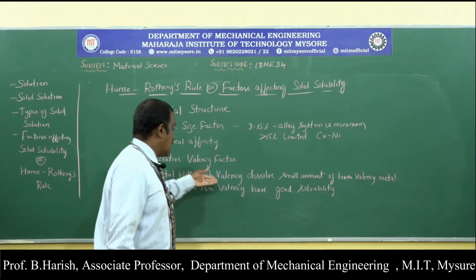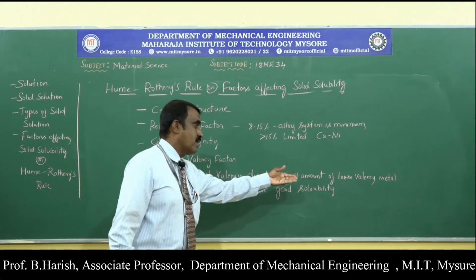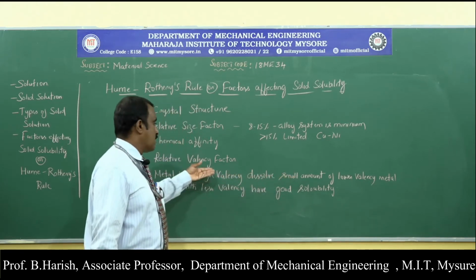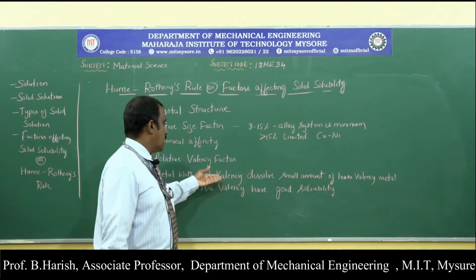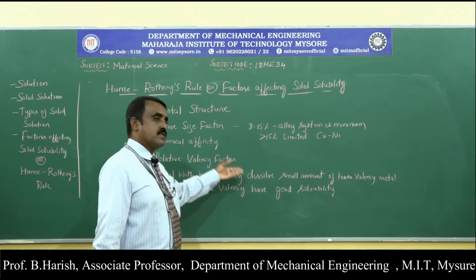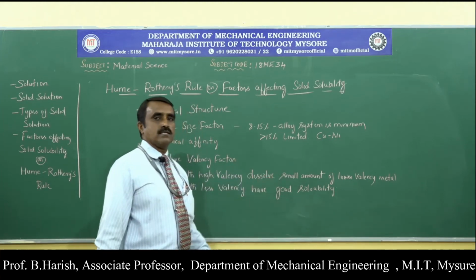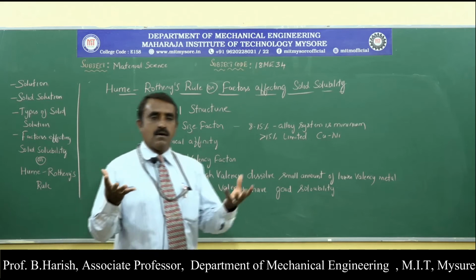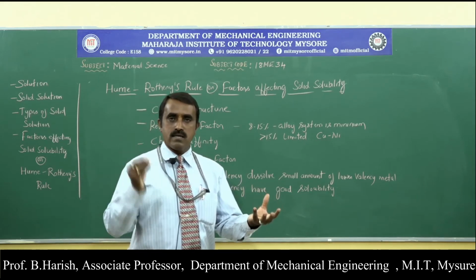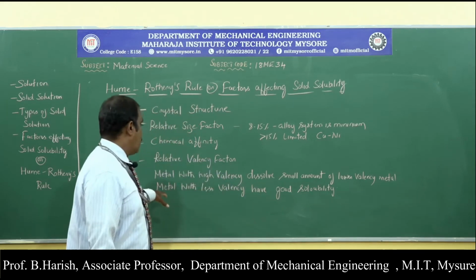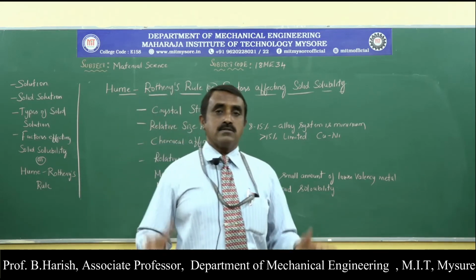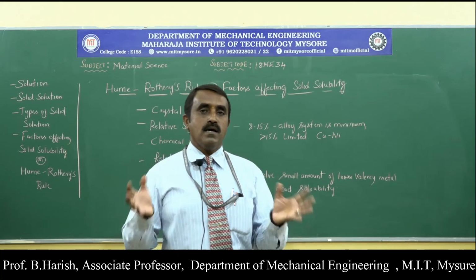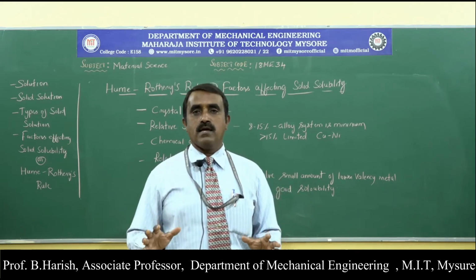Now, a metal with higher valency dissolves only a small amount of lower valency atom. If metal A has high valency and metal B has low valency, metal A will dissolve only a small amount of the lower valency metal. On the other hand, if the metal has less valency, then the solubility of one in another will be higher.